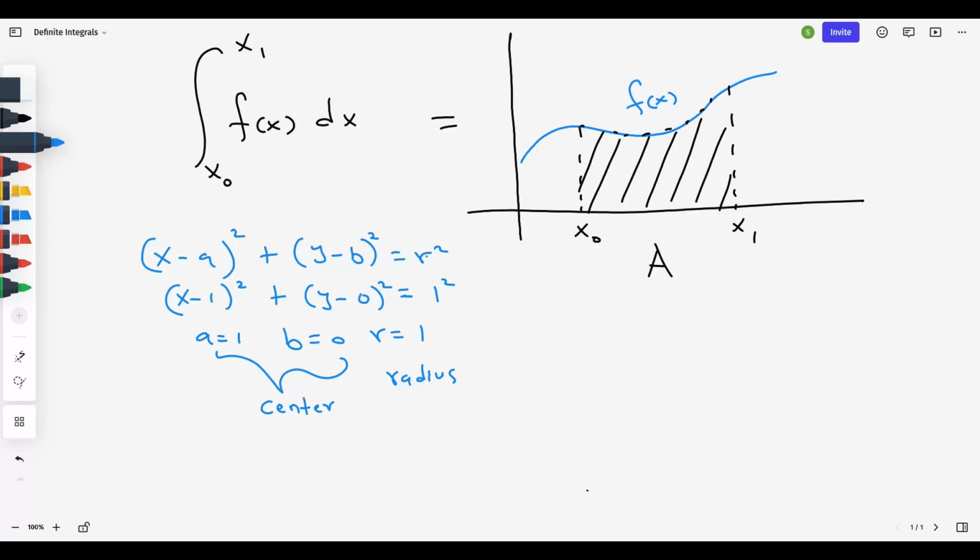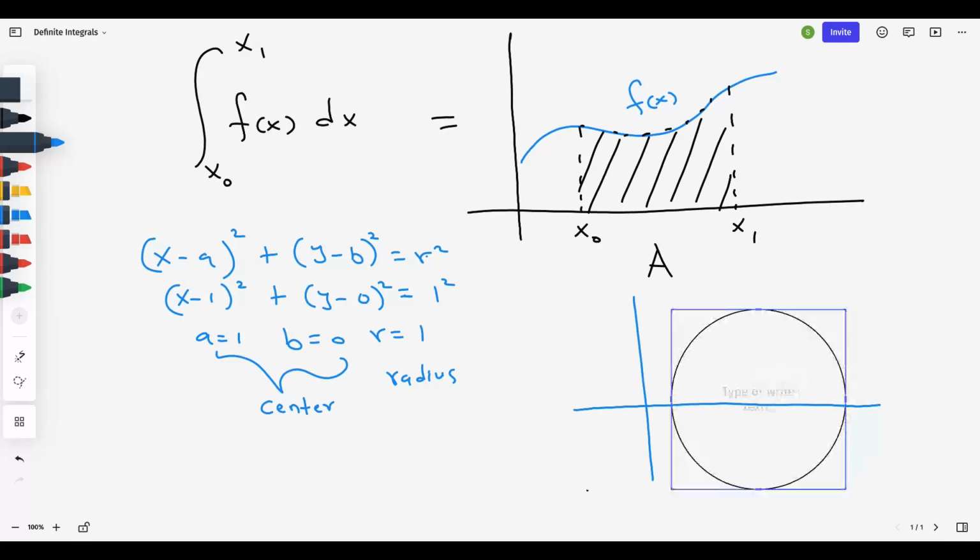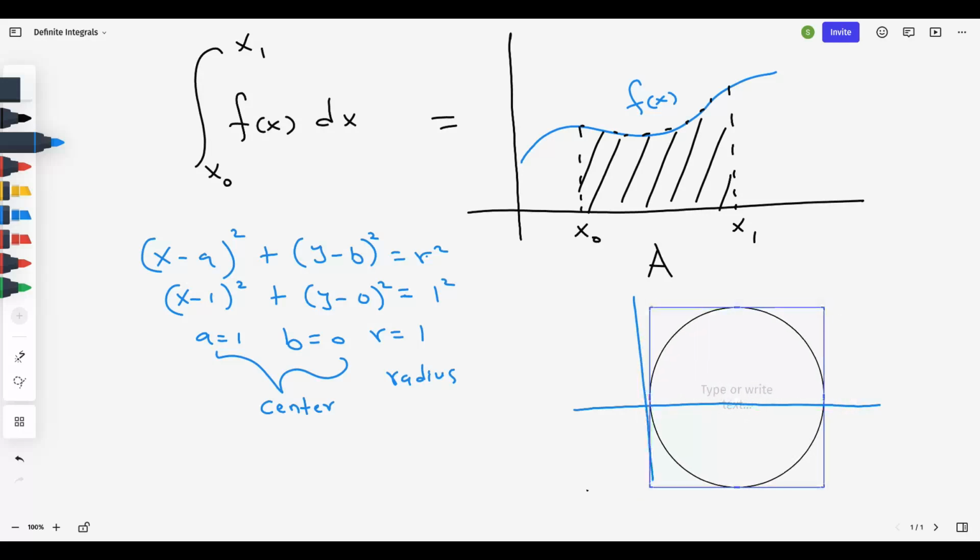So I'm going to sketch it now. Let me just draw the y coordinate and the x. I'm just going to use a perfect shape from the library of shapes.